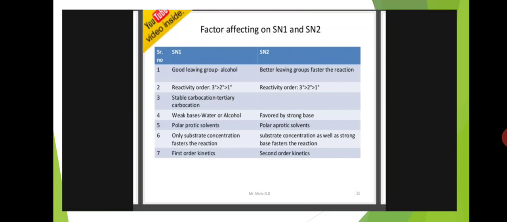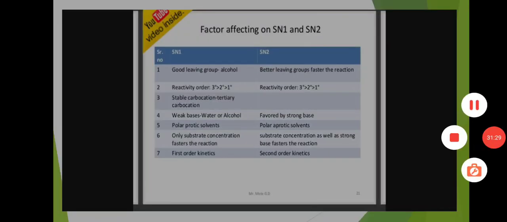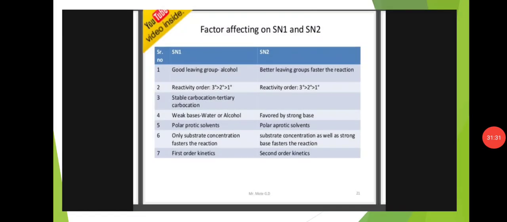SN1 is first order kinetics and SN2 is second order kinetics. In SN1 only the substrate concentration fosters the reaction, while in SN2 the substrate concentration as well as the strong base fosters the reaction.